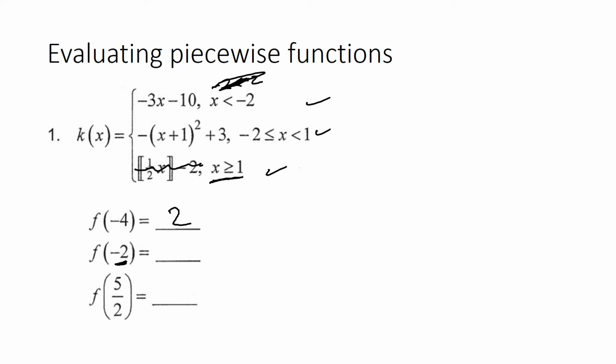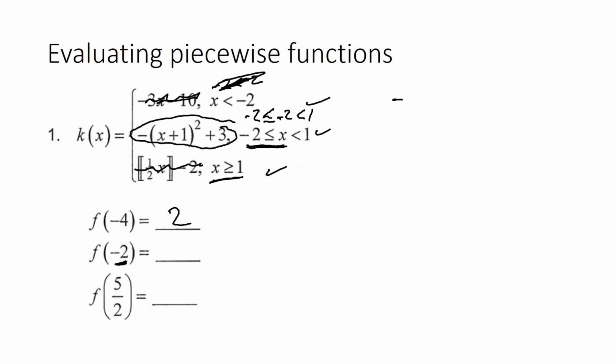This does not make sense. -2 is not less than 2, so we wouldn't use this one either. But we do know that this would work, because if we put -2 here, first of all, -2 is less than 1, and also because we have the or equal to, -2 is less than or equal to -2 because they're equal. So this is the function that we would use to evaluate -2.